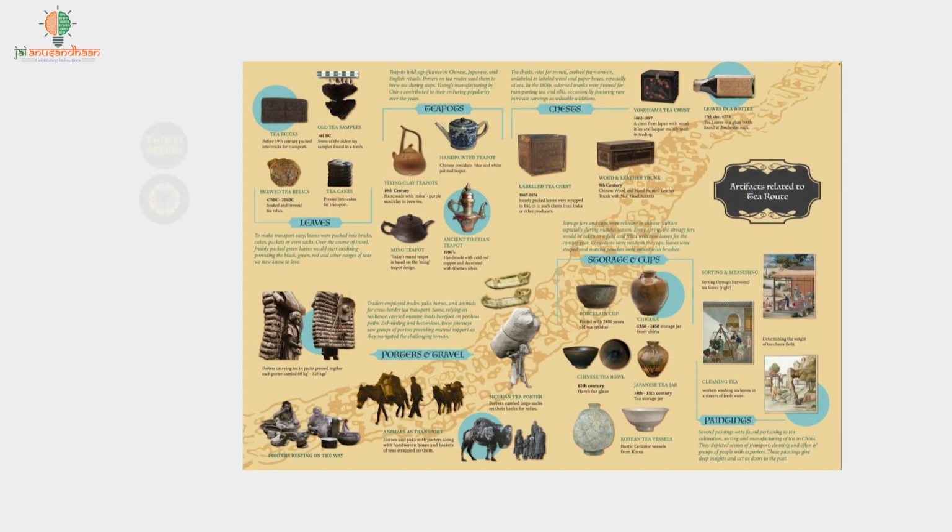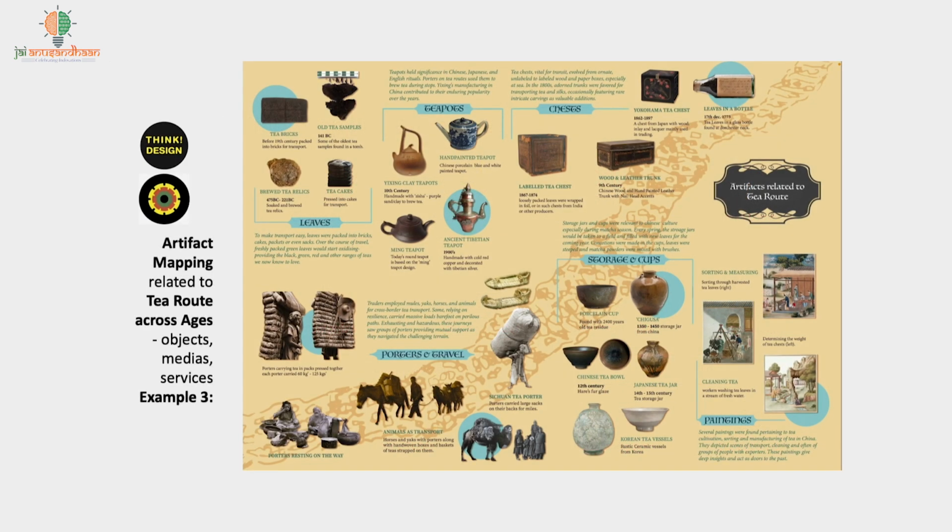Or for example, here if we look at this, this is actually the tea route across the edges. Okay, and you can see that the artifacts connected with that, medias connected with that, the services connected with that have been mapped in quite a lot of detail in this map. Okay, so you can see the chests and vessels which are used for tea making.